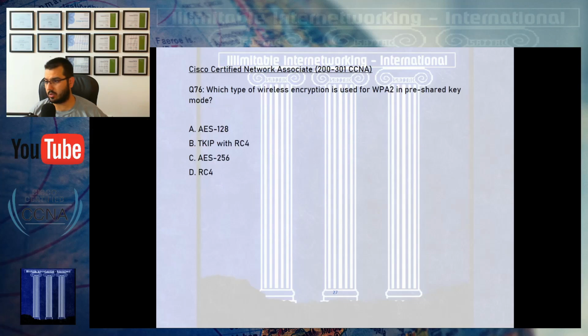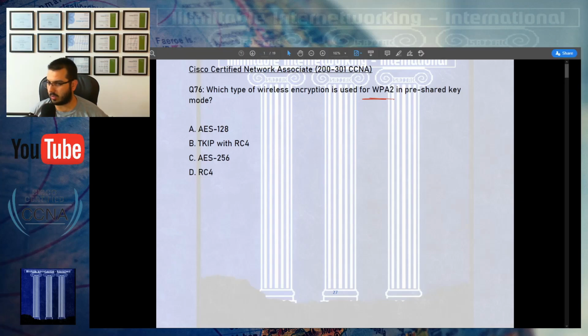And one last question, and enough for today. Which type of wireless encryption is used for WPA2 in the pre-shared key mode? WPA1 derived the key from the passphrase. WPA2 also derived it from the passphrase, but in WPA2 there was a new algorithm. Why did I forget about them?